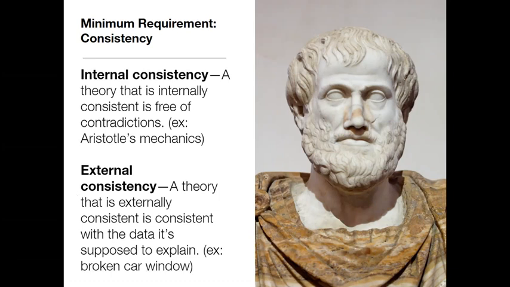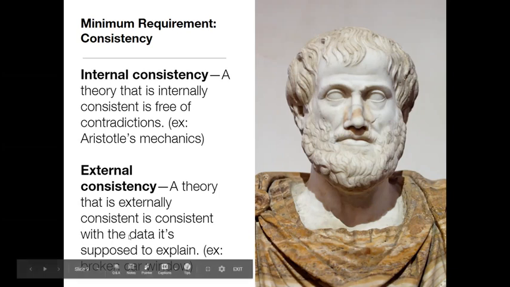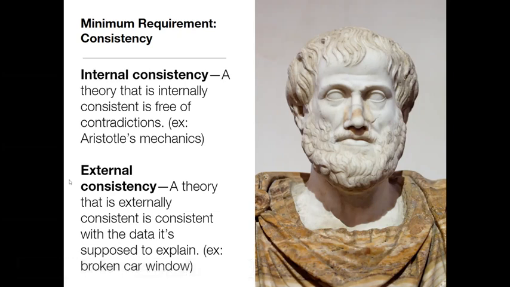So in the book, I think there's an example of a broken car window. So whatever explanation you're going to come up with should be consistent with the external facts on the ground, right? For why the window is broken. So I think one of the possible explanations was completely not plausible because there's blood on the steering wheel. And let's say someone tried to explain it by saying someone threw a brick through your windshield.